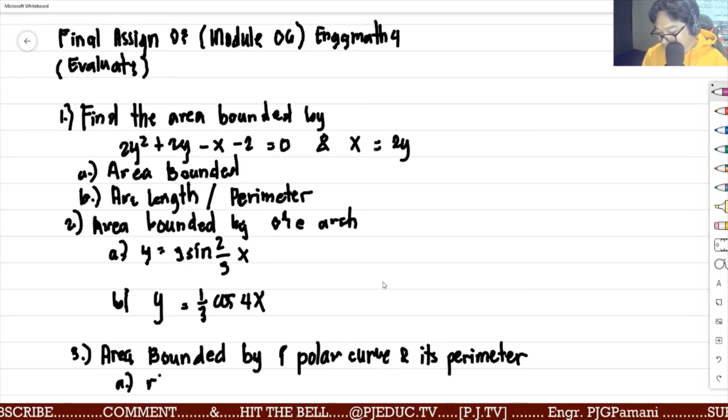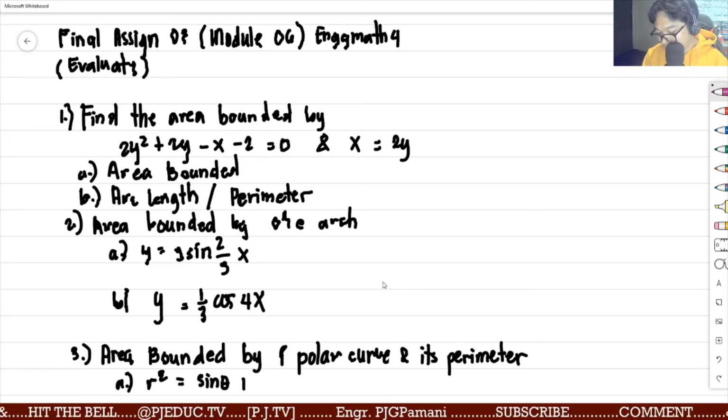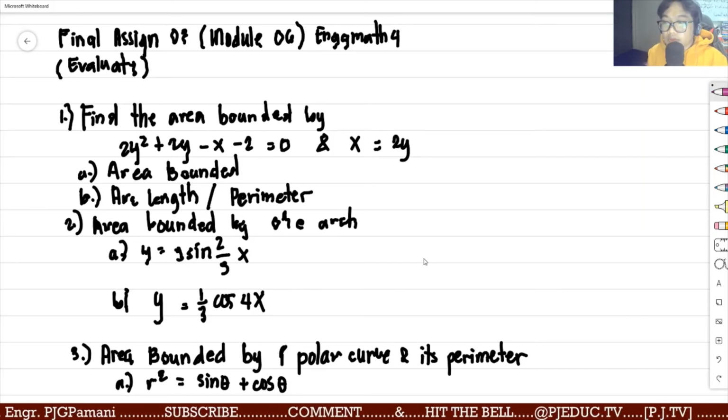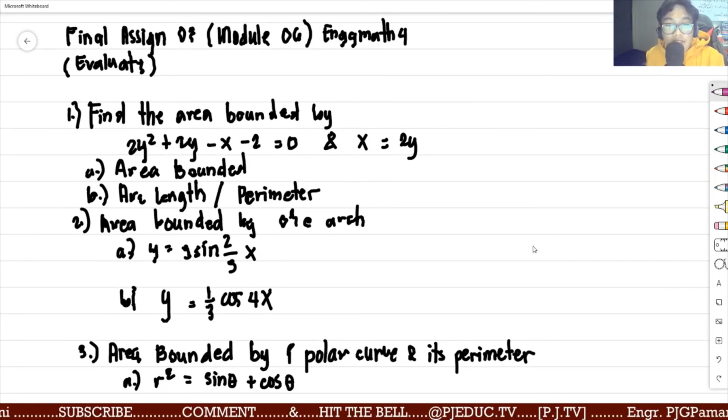For letter A, r squared is equal to sine theta plus cosine theta. And for letter B, r squared equal to a sine theta times 1 plus sine theta. Okay? Ano nababasa ninyo?